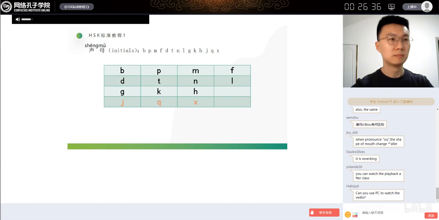声母一 Initials 1. 波 坡 摸 夫 的 特 呢 了 个 科 和 鸡 七 西.